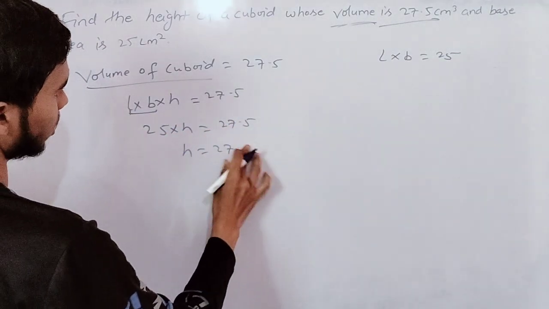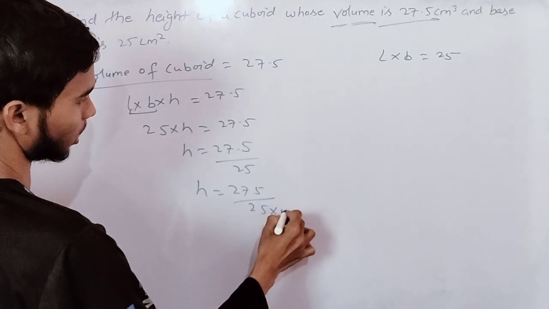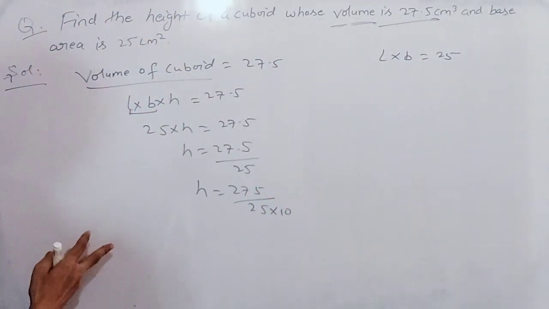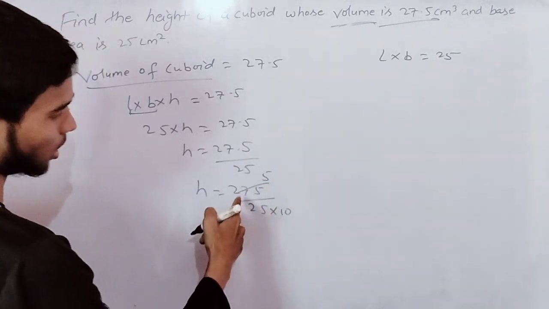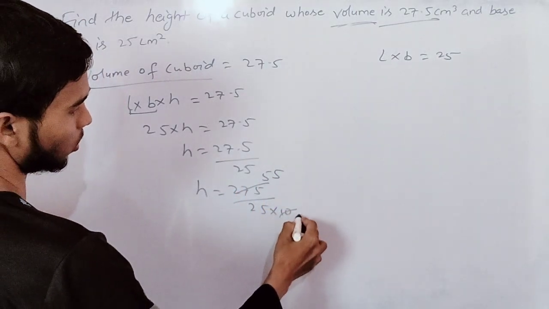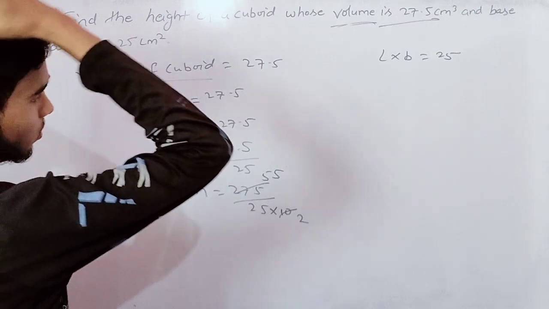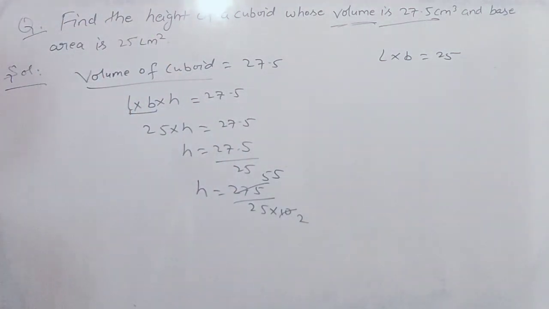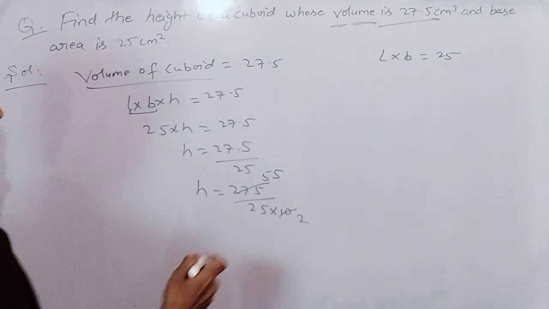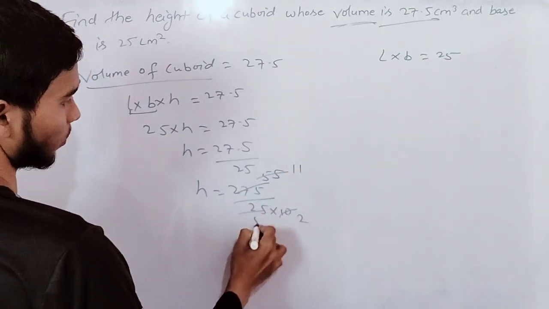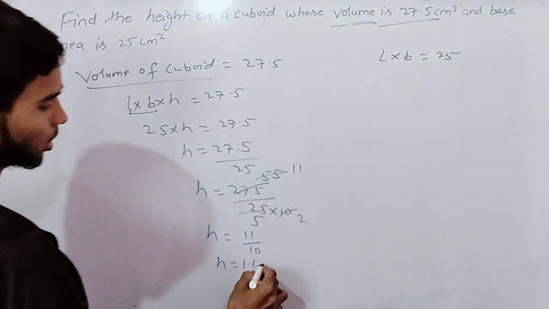H is 27.5 upon 25. 11 upon 10. H came 1.1 centimeter.